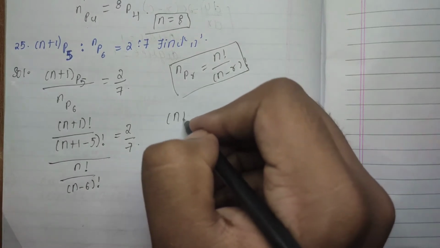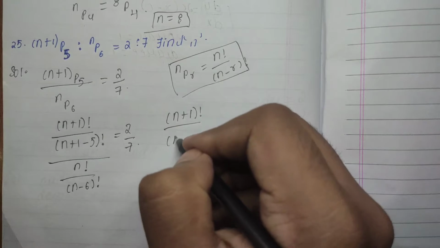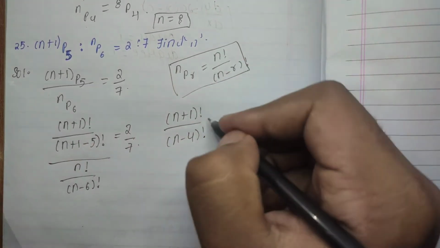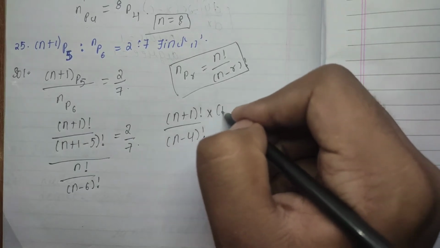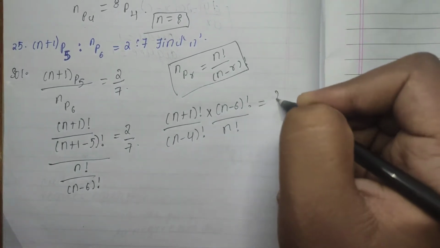Next step, (n+1) factorial by (n minus 4) factorial. If this comes to the numerator, it becomes (n minus 6) factorial by n factorial equals 2 by 7.